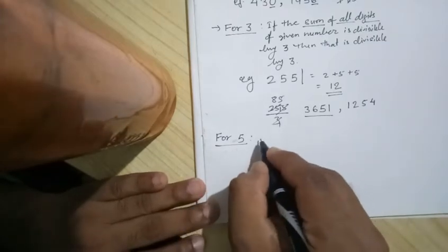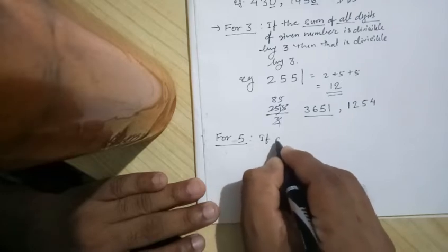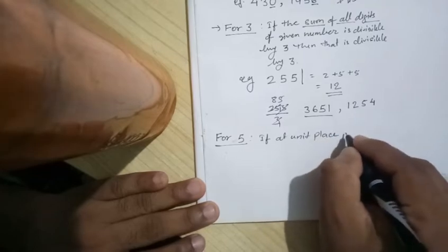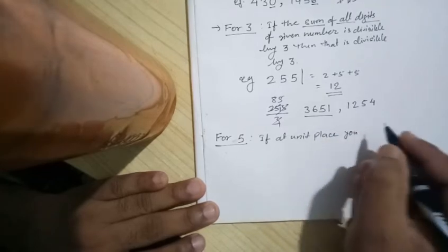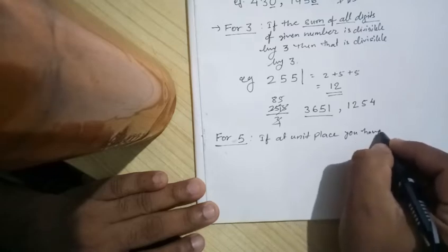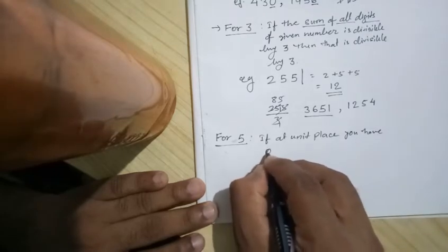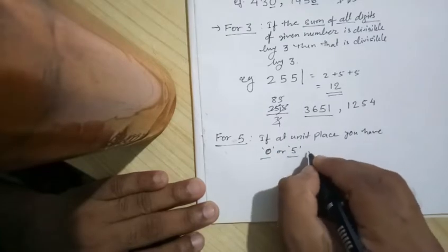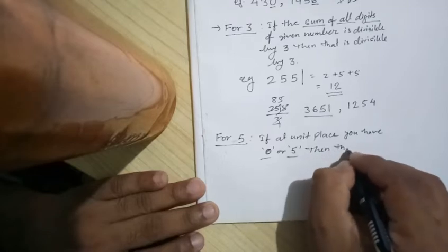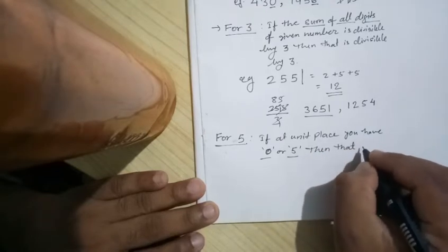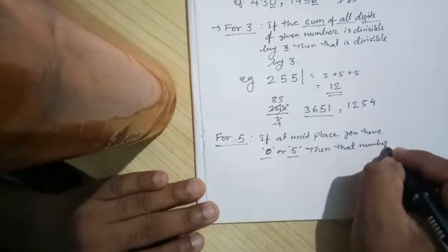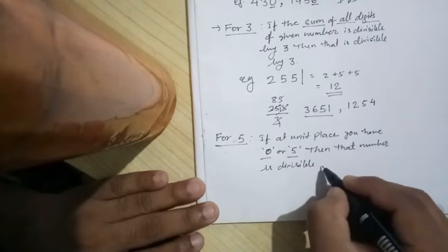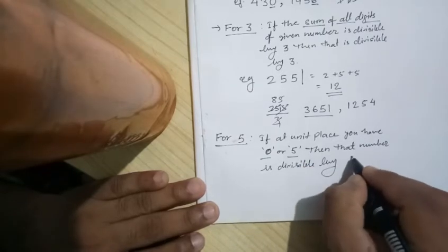Okay, so what is the test for 5? If at the unit place of your number you have 0 or 5, then that entire number is divisible by 5.